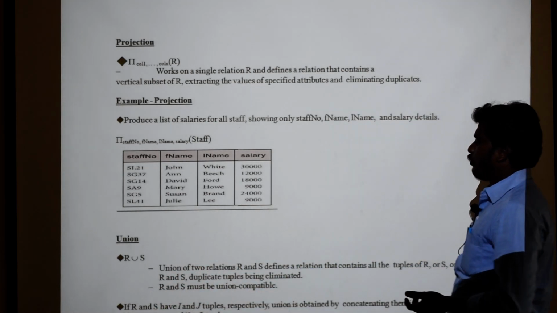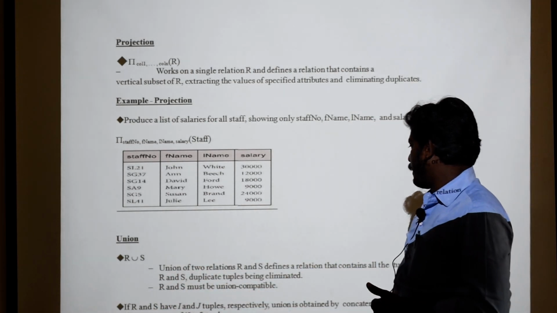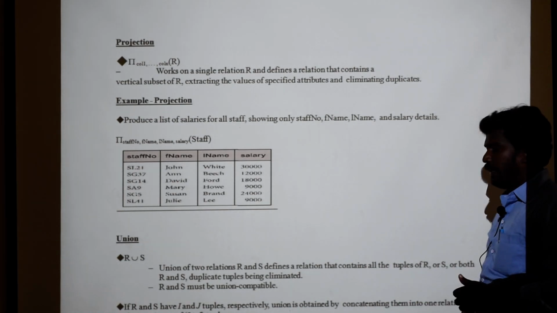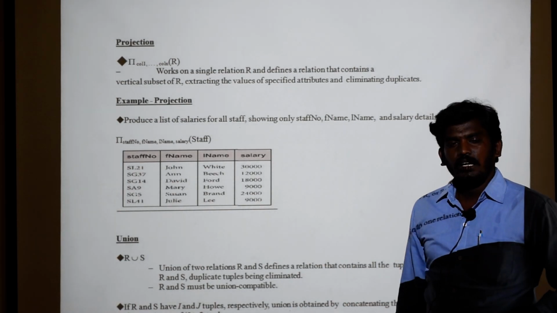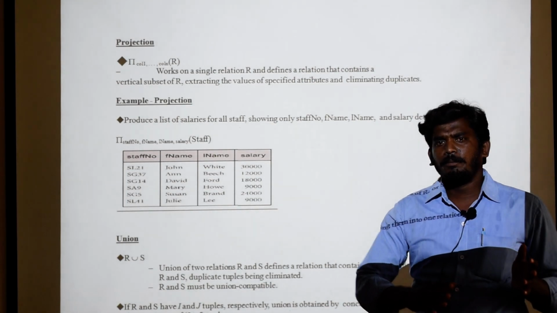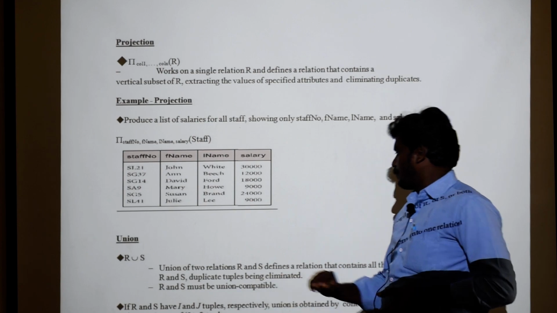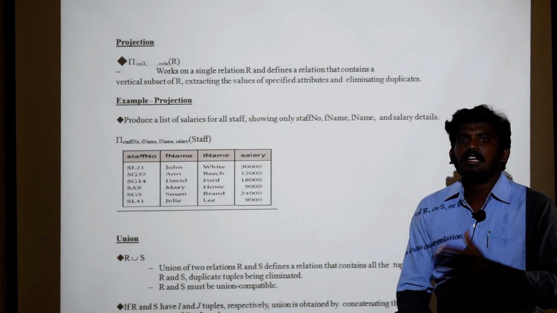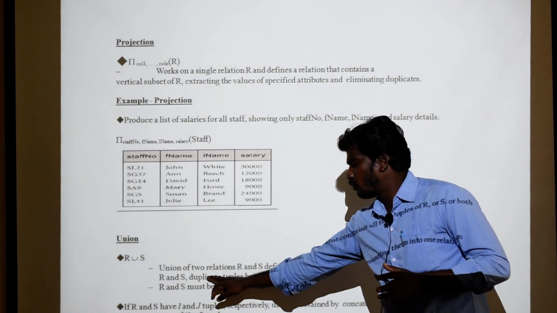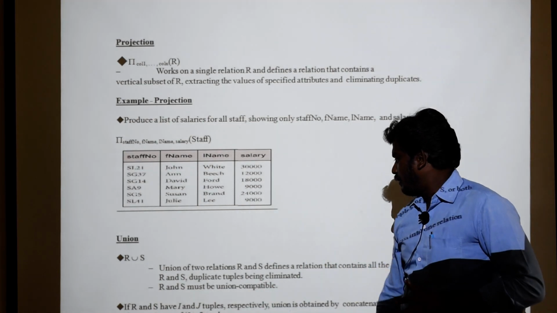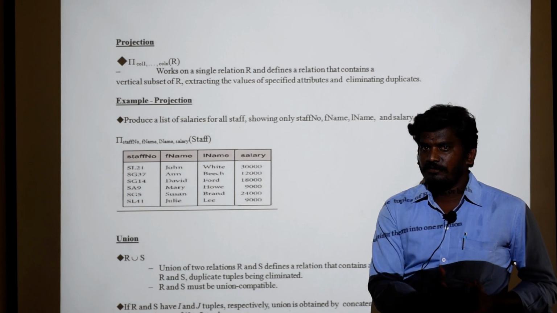The union of 2 relations R and S defines a relation that contains all tuples of R, or S, or both, with duplicate tuples being eliminated. That is called the normalization functionality.